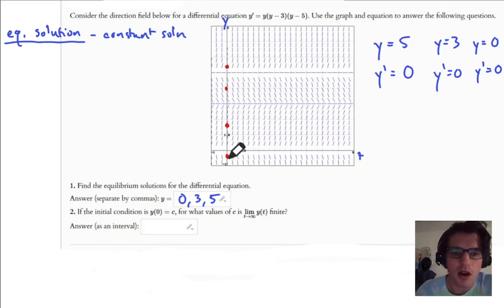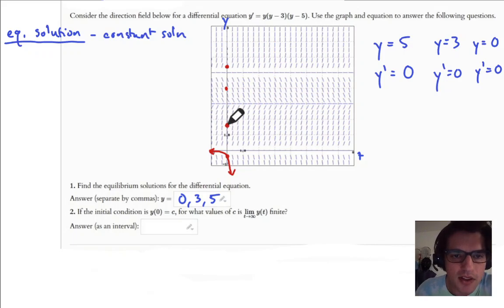So if we are below it here, we see that our slope is going down very quickly, and it looks like it would just go down forever. And we're actually just thinking about what happens as t goes to infinity, so as we're moving to the right. But you can see what would happen if it went to the left. We would kind of be stuck on this equilibrium, so we would approach this equilibrium solution.